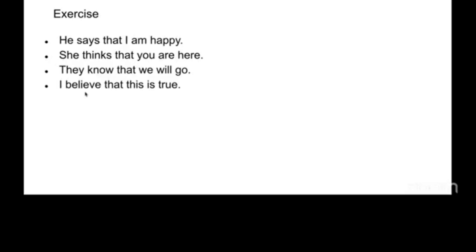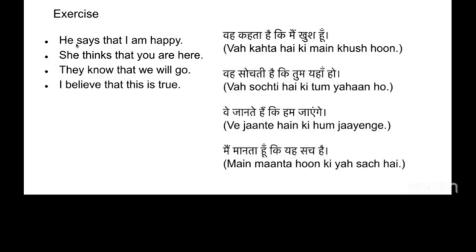Right? So, all good? Just to summarize the concept of ki again: when you say he says that I'm happy, it's वह कहता है कि मैं खुश हूँ. She thinks that you are here, वह सोचती है कि तुम यहाँ हो.